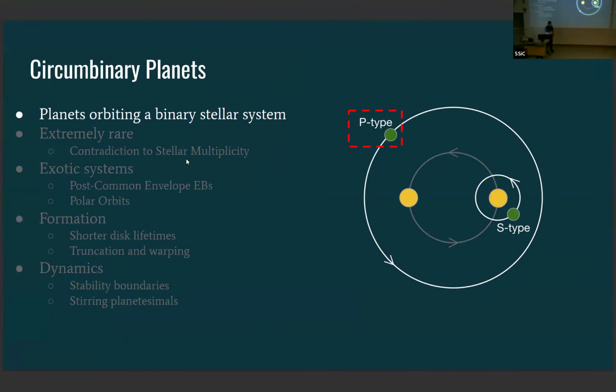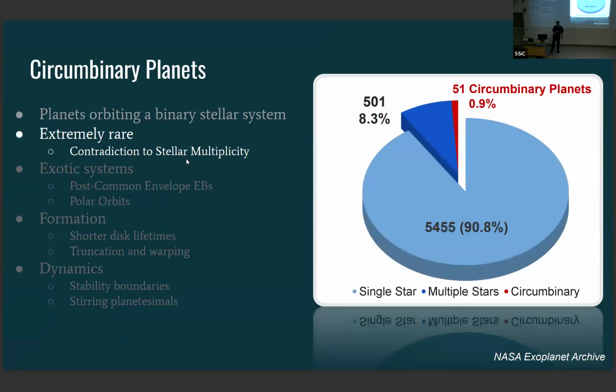Okay, so circumbinary planets are planets orbiting a binary system, and they're also known as p-type planets. I guess the reason Johann Netesky did not mention circumbinaries in the landscape of exoplanets is that they're extremely rare.